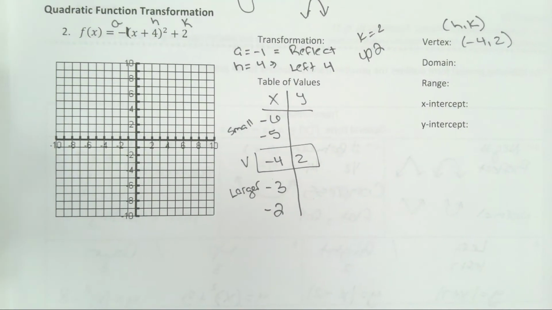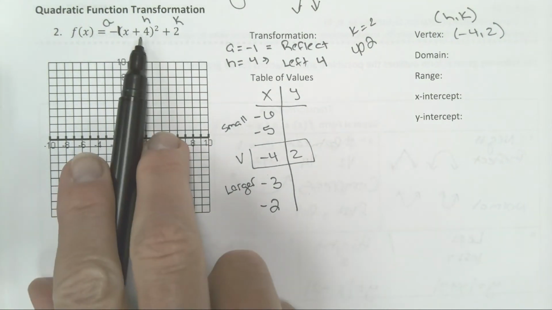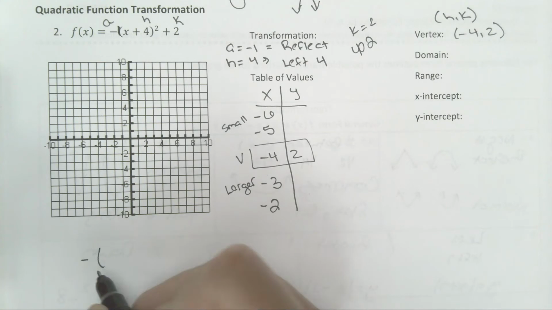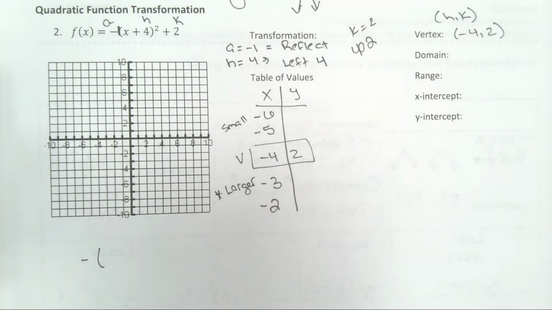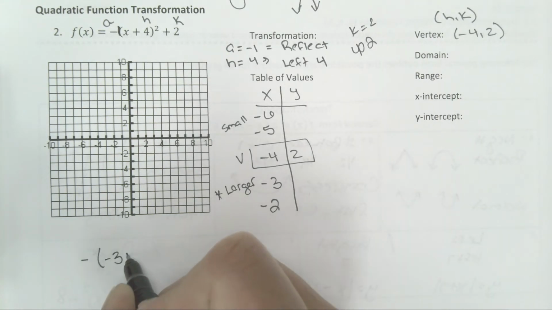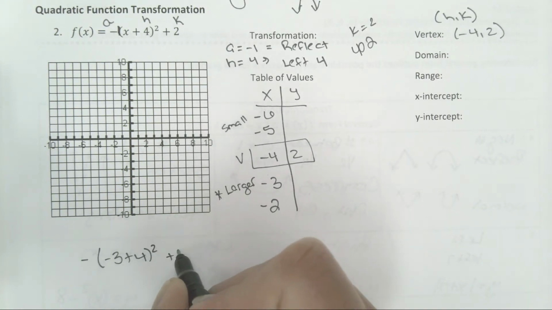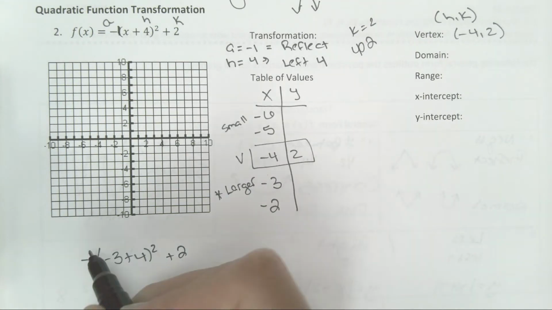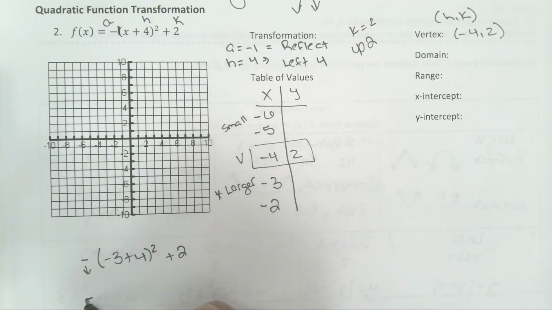Okay, let's plug them in. All right, so I have negative. I'm just going to use these larger ones, and then I'm going to reflect the values over. So I have -|-3 + 4|² + 2. This negative out in front stays.